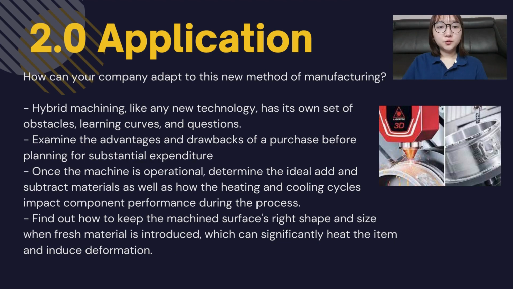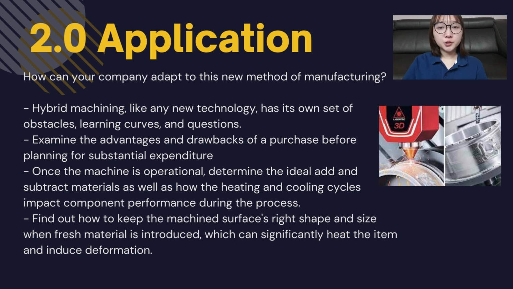How do companies adapt to this new method of manufacturing? Hybrid machining, like any new technology, has its own set of obstacles, learning curves, and questions. The first obstacle is the expense of equipment investment and deployment. Not all machine shops can invest immediately, and one must examine the advantages and drawbacks of a purchase before planning for substantial expenditure.